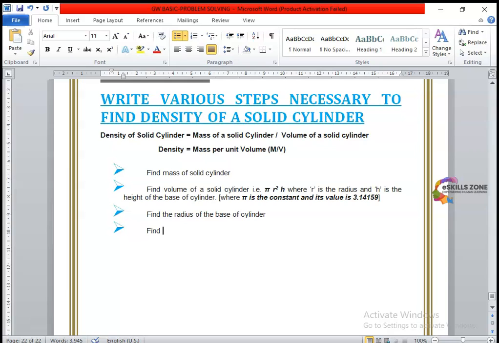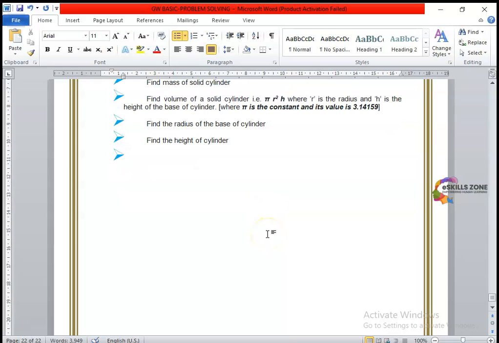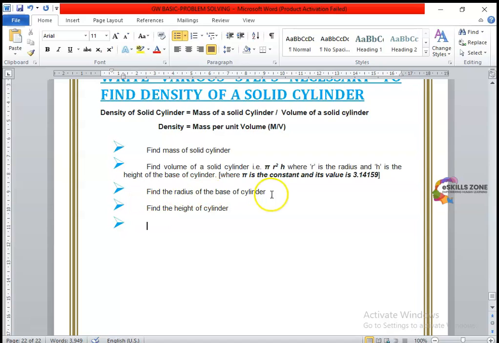After finding the radius of the base of the cylinder, we will find the height of the cylinder. These are all the necessary values we need.